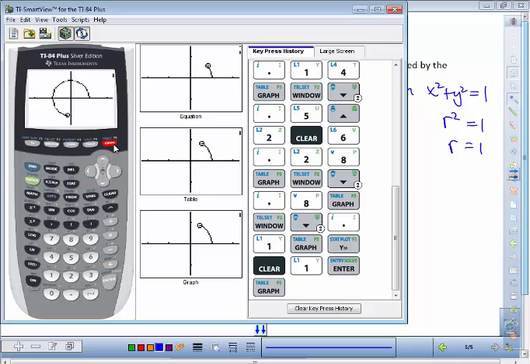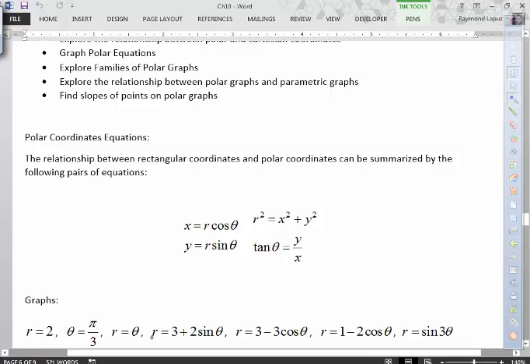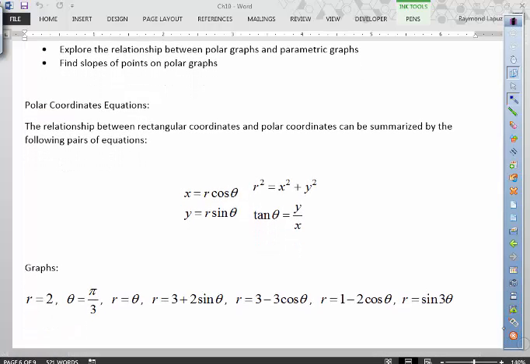The more interesting problems would be things that aren't just circles. Do I have any examples? Let's see. Let's try to graph a few of these things.